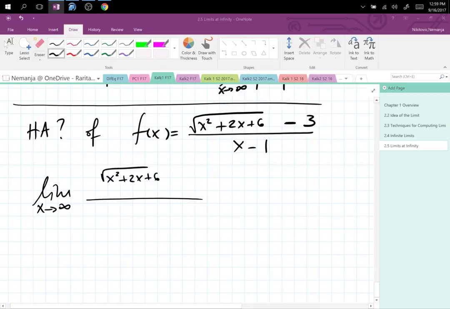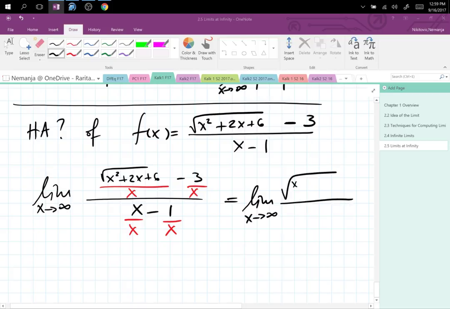What do I divide by so that we can do this? Divide by x, the highest exponent. When it goes under the square root, it becomes x squared.